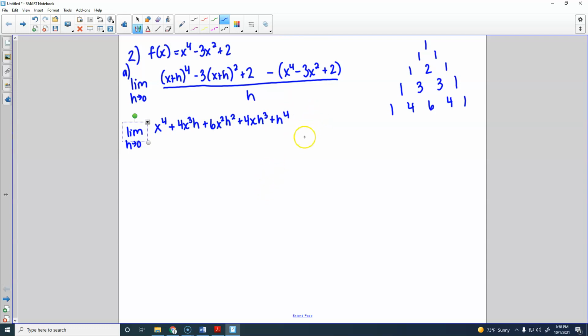How do y'all know the x and h? So you just start, the x is first, so it's x to the 4th, 3rd, 2nd, 1st, no x at all. And then with the h's, you'll have no h's, 1 h, 2 h's, 3 h's, 4 h's.